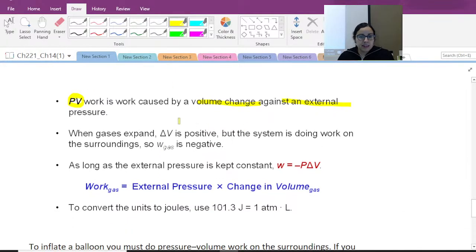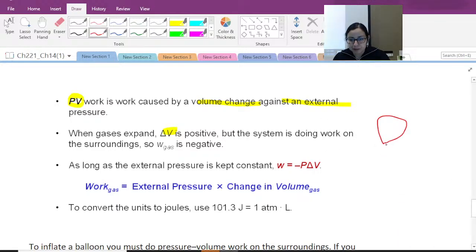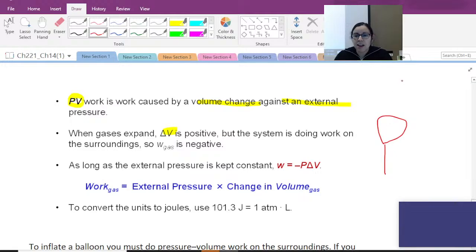And so when a gas expands, our change in volume is positive, but then we have to think about how it's expanding. You can think about a balloon, and all the molecules inside.